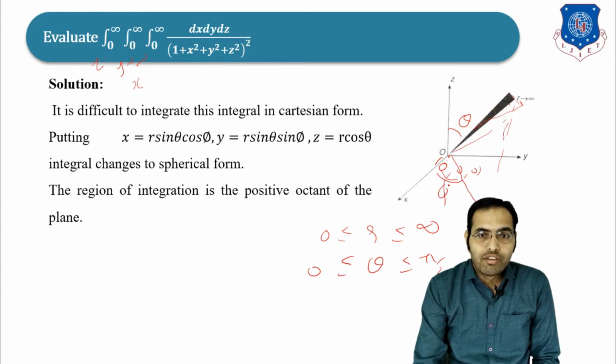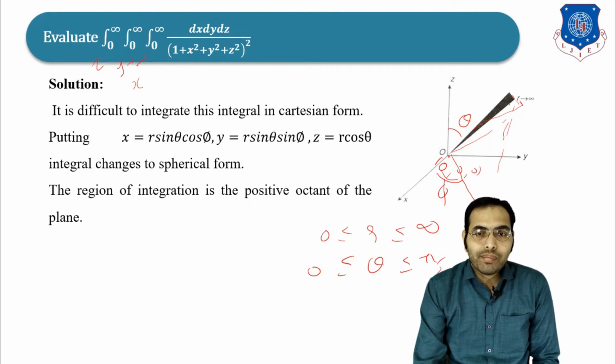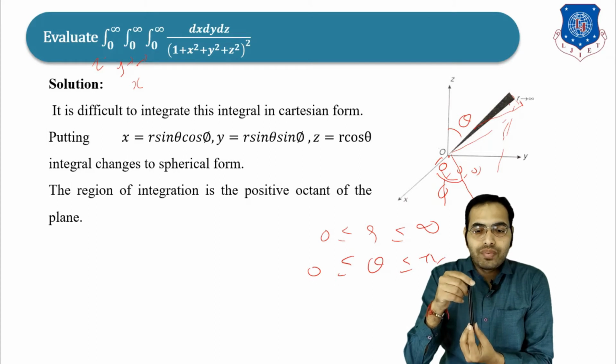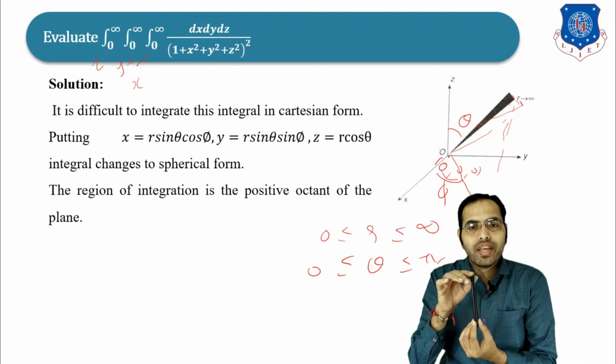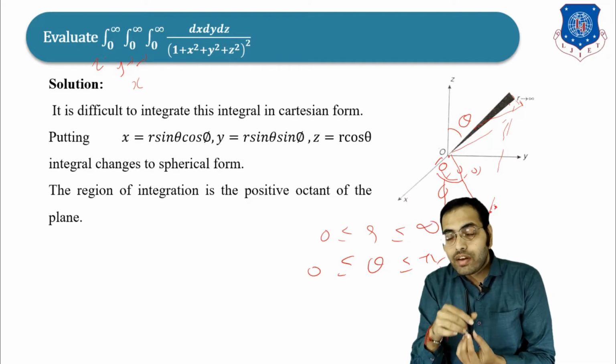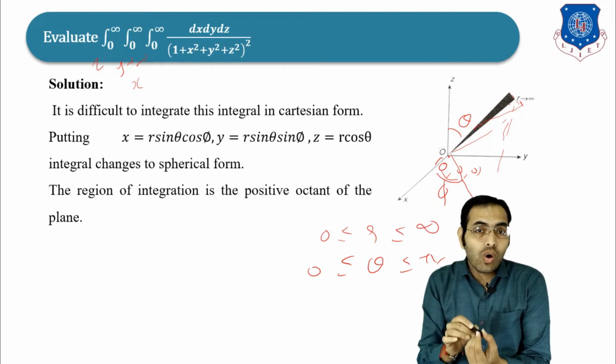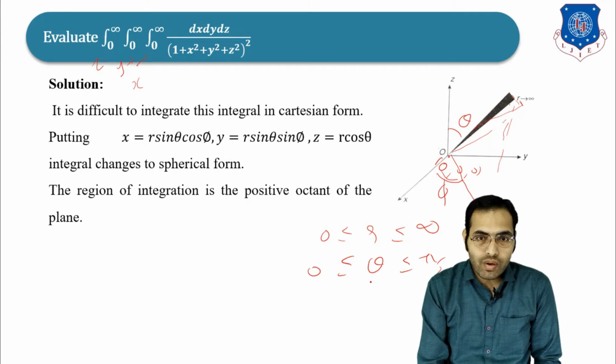At this position the value of phi starts at 0, and the projection on the xy plane, the angle between the positive x axis and the projection of the radius vector, lies between 0 and pi by 2. So phi also lies between 0 and pi by 2.